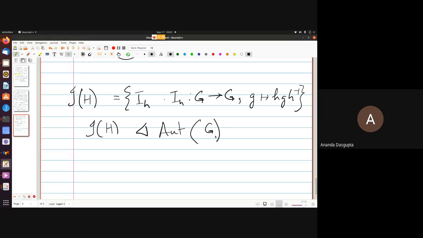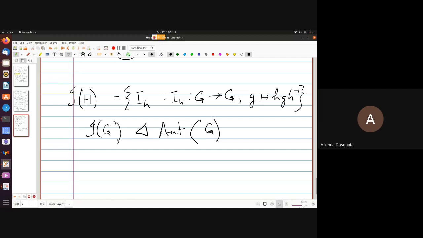That the set of all inner automorphisms of the group G is a normal subgroup of the automorphism group of G. This is pretty easy to prove. Try it out.